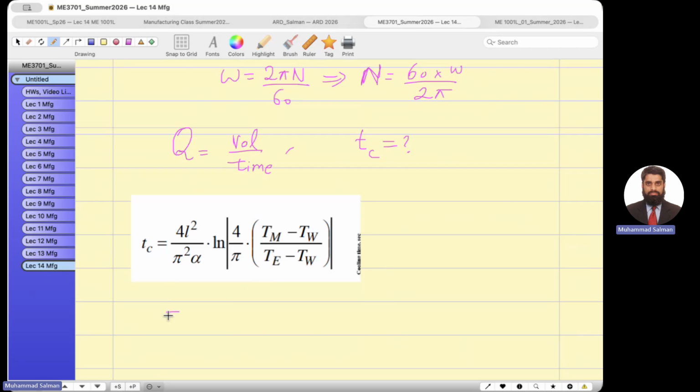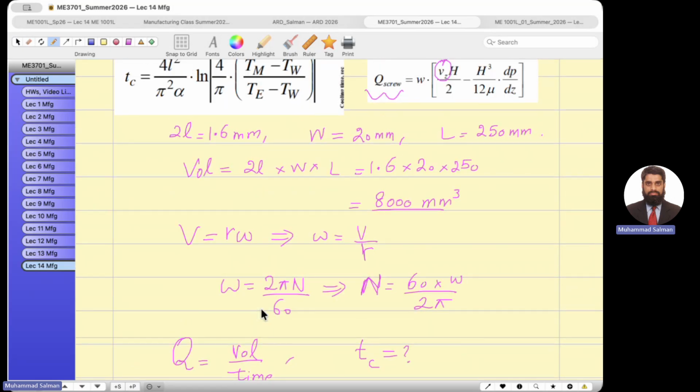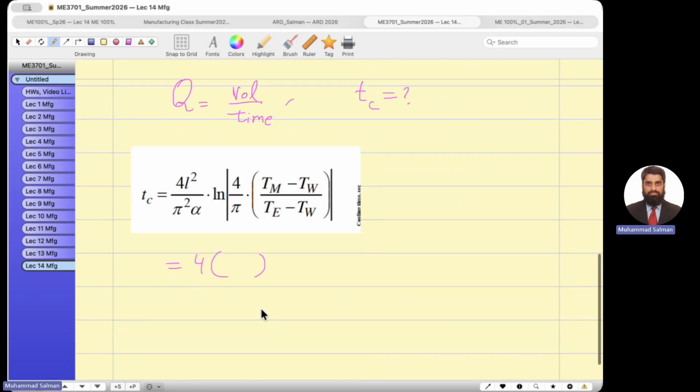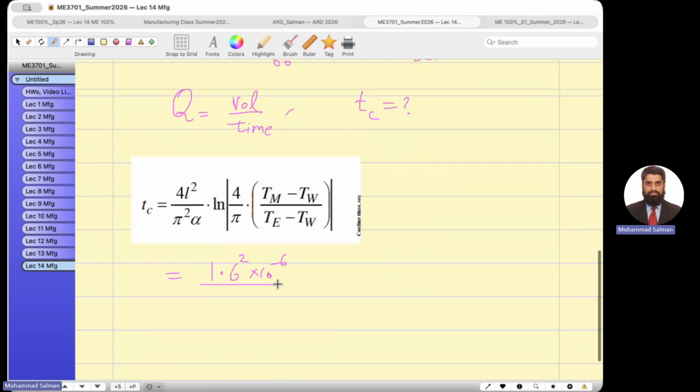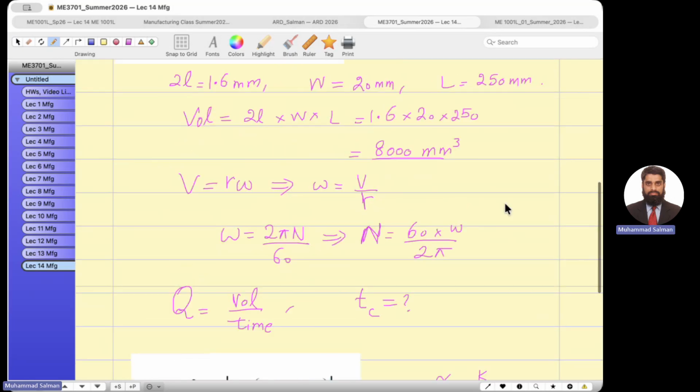I can find out the cooling time using this 4L square. What is 2L? 1.6. So let me write down 2L square: 1.6 square converted into meters, divided by pi square. Alpha is the thermal diffusivity, which is equal to K over rho C. K has been given in our data.